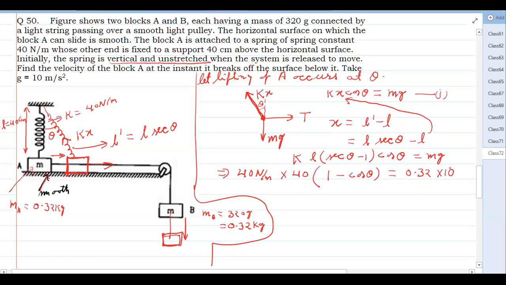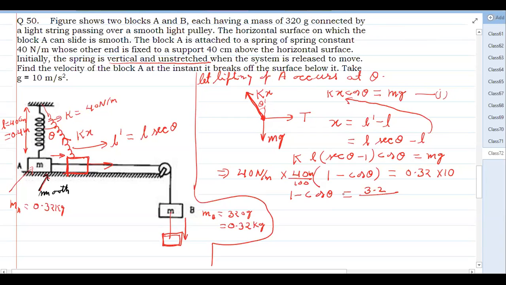So if you solve it, 1 minus cos theta is equal to 3.2 divided by 40 times 0.4. 40 centimeter we need to convert into meter because we are writing everything in SI units, so 40 by 100 meter, that is 0.4.